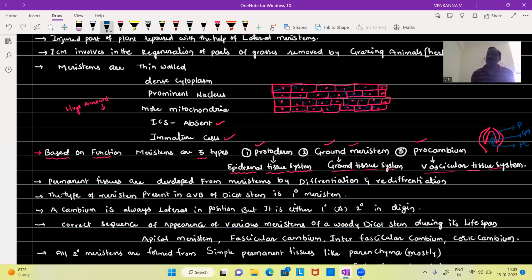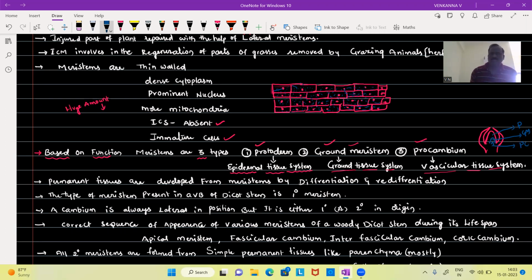So the three regions are present inside the shoot apex and root apex, and they are involved in the formation of three different tissue systems of the plant body.